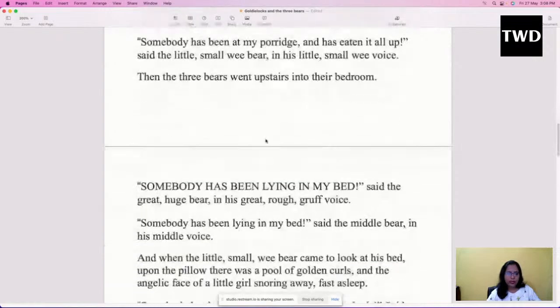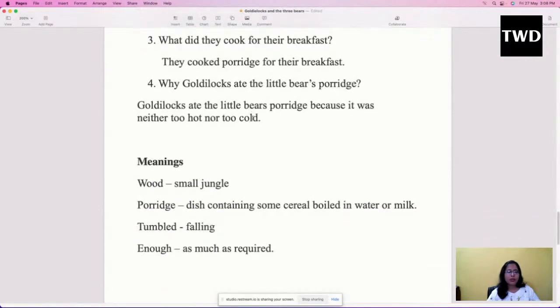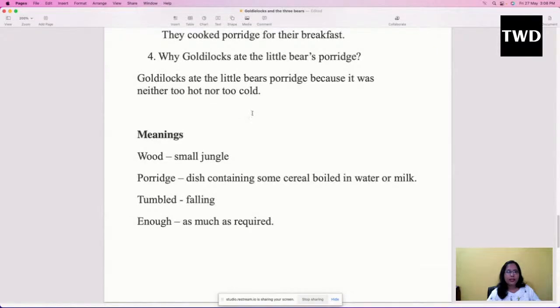If you try to answer them in one sentence, you will definitely learn to structure sentences, you will learn to write sentences. And if you are not able to understand the meaning of some words, go to Google, write the word, find the meaning, and then try using those words in your own sentences.